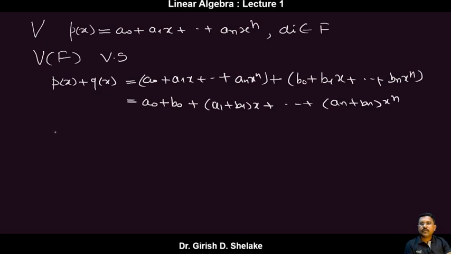And similarly, if we have some scalar alpha in the field F and we have polynomial p of x, then their multiplication is defined as alpha into a naught plus alpha into a1 into x plus, and so on, alpha into an into x raised to n. Now with respect to these two operations, this set V over F is a vector space.